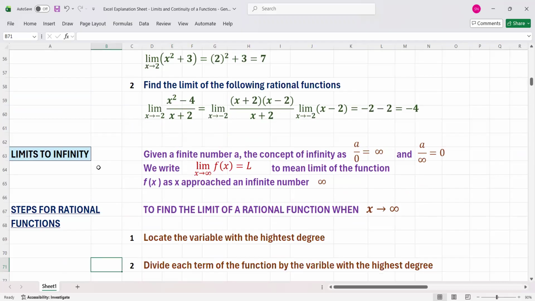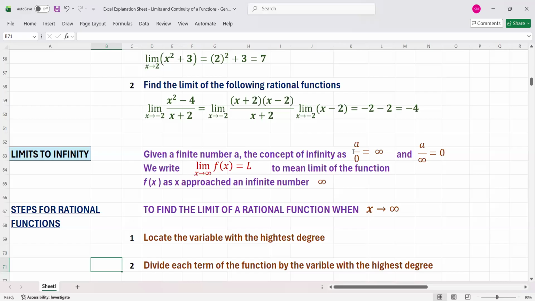Now, to do that, we need to explain some few terms. Given a finite number, let's take note of this. If you are given a finite number a, the concept of infinity is when a is divided by 0.